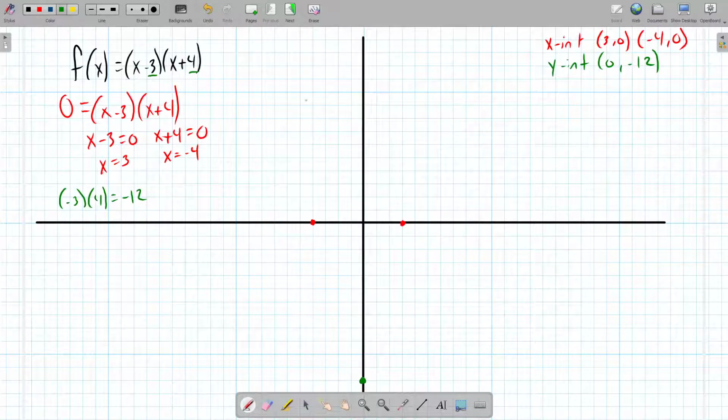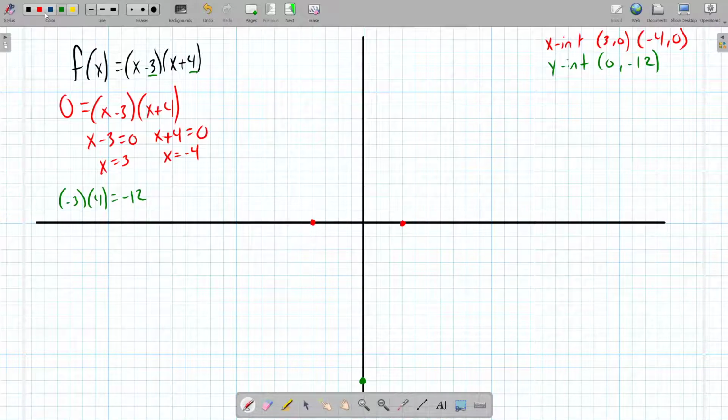They are symmetrical across the line of symmetry, the axis of symmetry, and the axis of symmetry goes through the vertex. So because they're symmetrical, if I look at my two x-intercepts, exactly halfway between them there should be a vertical line of symmetry, meaning our vertex is halfway between these two x-intercepts.